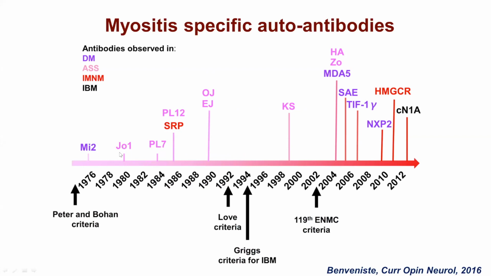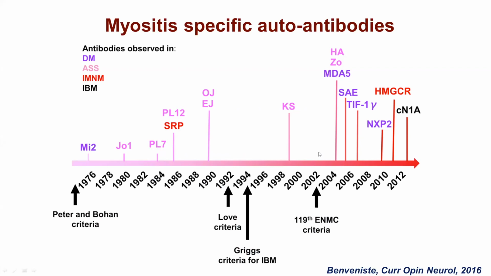The second one was discovered in Mr. or Mrs. Jones, and this is anti-Jo1, and this one is specific to the antisynthetase syndrome, and so on and so forth. Some of them are specific to immune-mediated necrotizing myopathies, others to antisynthetase syndrome, and the last ones, MDA5, SAE, TIF1 gamma, NXP2, to dermatomyositis. And the last one, anti-cN1A, was a little bit more specific for inclusion body myositis.